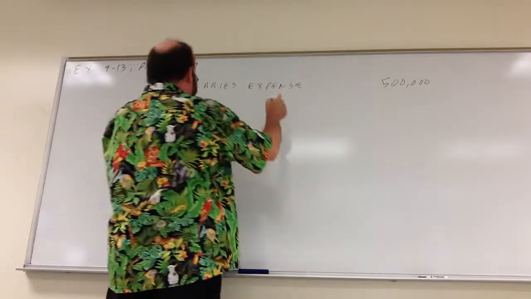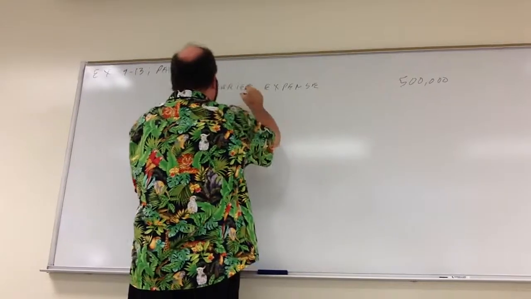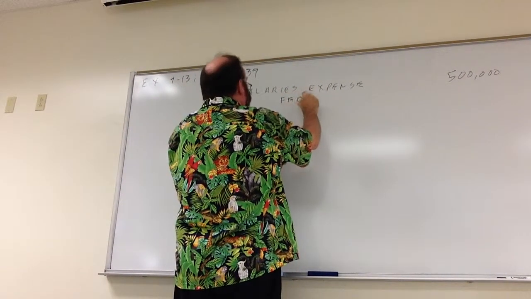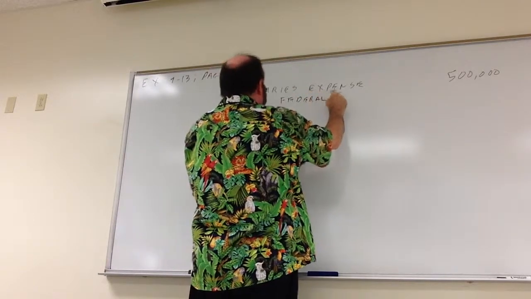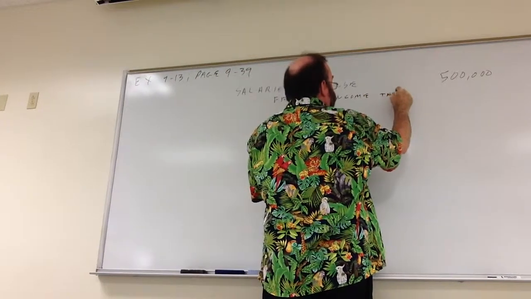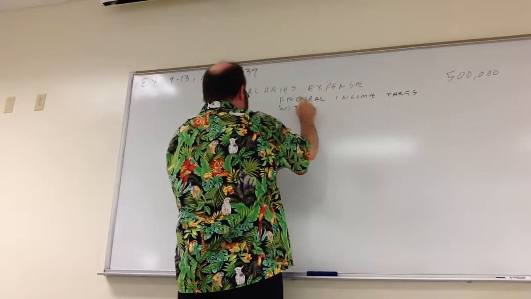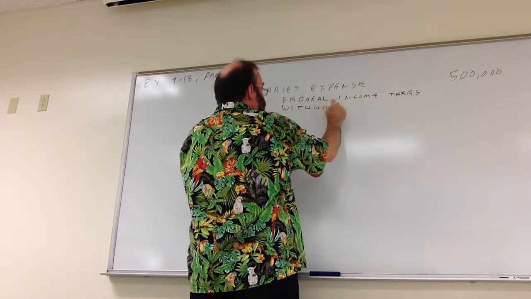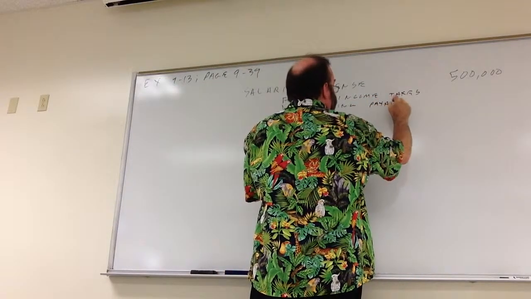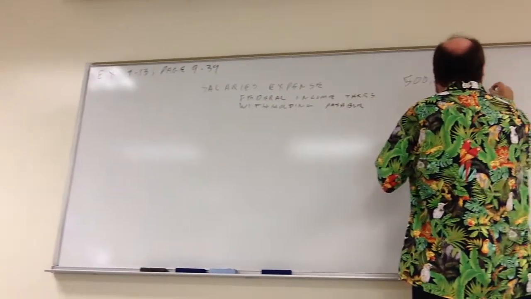All right, so from the gross wages of $500,000, you're going to deduct the federal income tax withholding, and it gives you that number, 85,000.